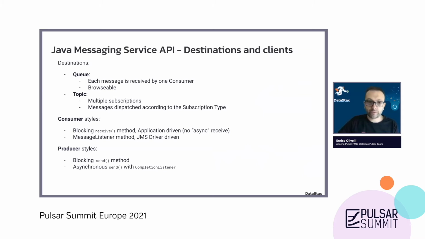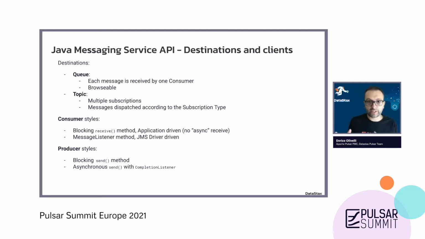You have several consumer styles. Basically, you have two ways of reading from JMS. You have a receive method in which your application blocks, so the application drives the consumption of the messages, and you have the message listener method, in which the JMS driver calls your application when a message is available.